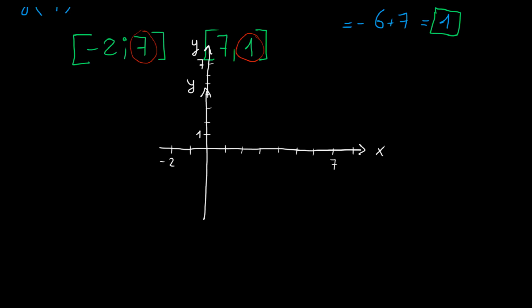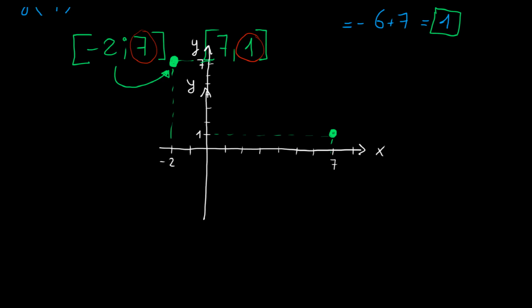So the first point is located here. These are the coordinates for these points. So it's -2 and 7. And the second point is located at 7 and 1. So right here. Now, again, the question is, how do we connect these dots?